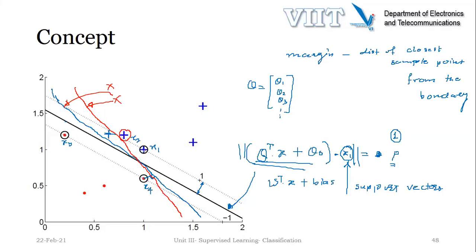So in a way, if my closest points change, if my support vectors change, then my boundary is going to change. And that is why it is said that in SVM, support vectors basically define the boundary. And that's why they are called support vector machines. So hope you have understood the concept of support vector.